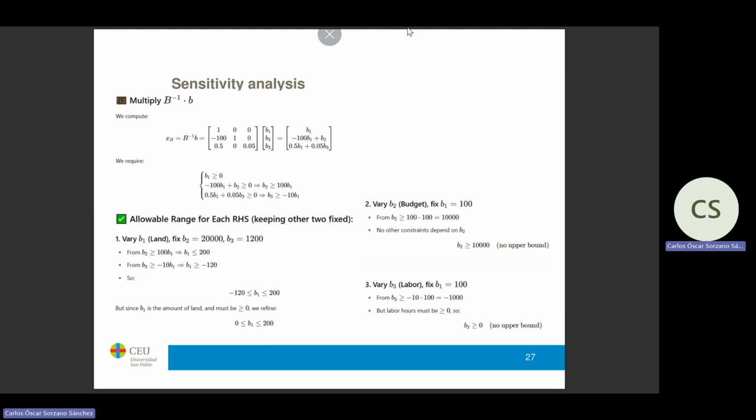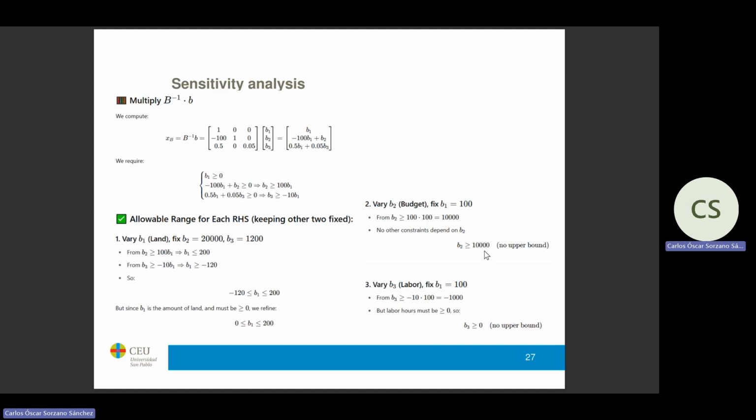Then the same for b2. You fix everyone except b2. So b1 was 100, b3 was 1200. From this equation, we know that b2 has to be larger than 100 b1, but b1 is 100. So as long as b2 is larger than 10,000, the optimal solution will be the current one. And this was the budget.